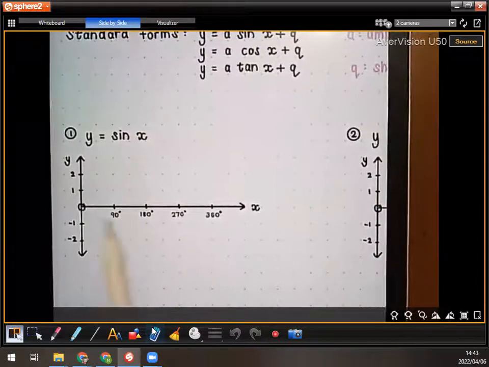And on my x-axis, I've just put 90, 180, 270, and 360. Okay, so those are the values that we have to plot.